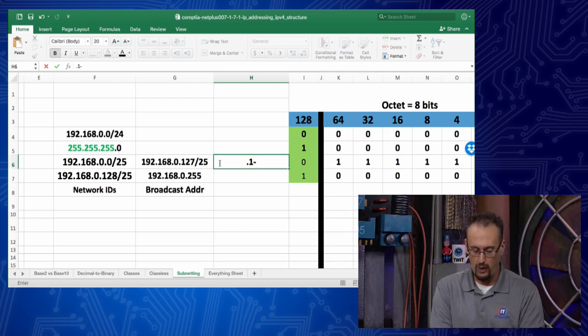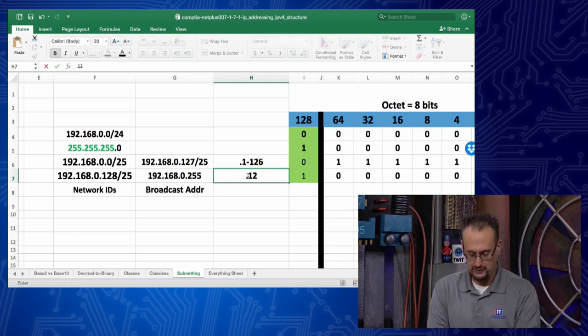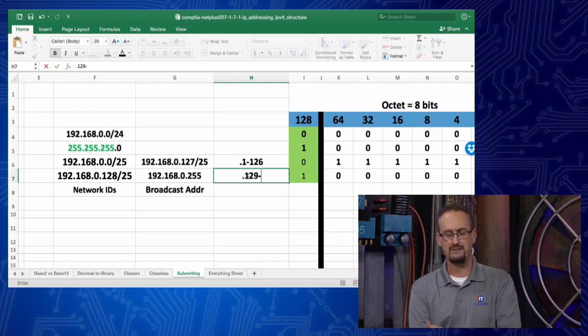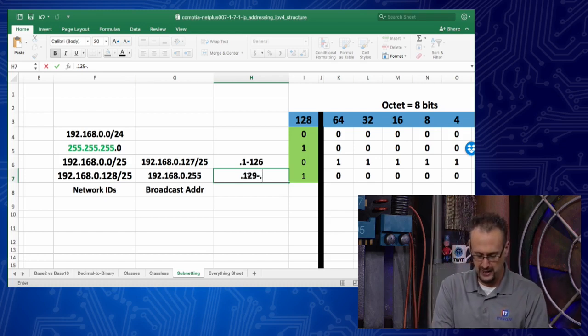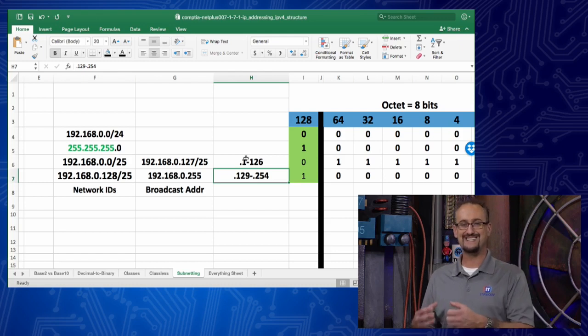So I can use .1 to .126, and for this network, I can't use the 128, right? The 128 is going to be our network ID, so that means I can use .129, right? That's the first valid IP address. I can't use 255, right, because 255 is the broadcast address, so I have to use .254. All right, so that essentially is where we're getting the 126 computers.